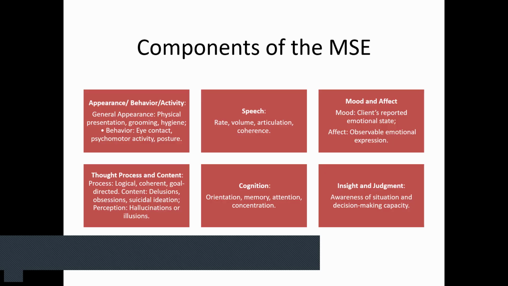So, the last area, which is insight and judgment, is about the client's awareness of their current status. Is the client making good decisions? Are they impulsive? Are they making risky decisions? You can have clients who have some awareness of what is going on, or others who have total, total none.